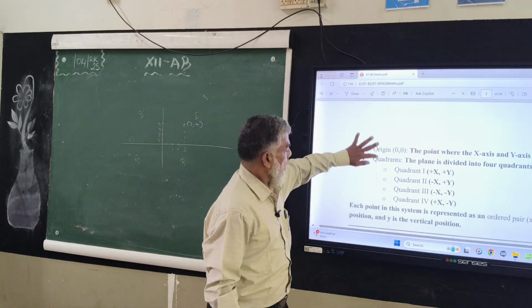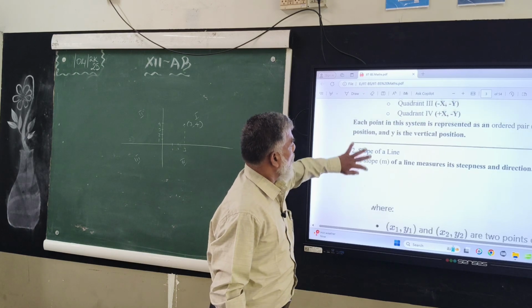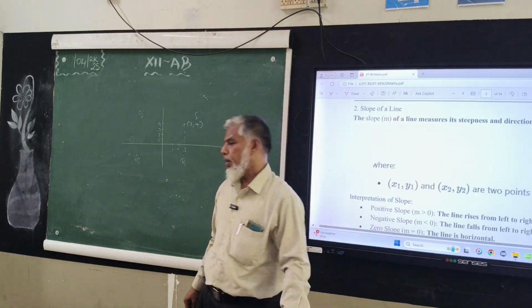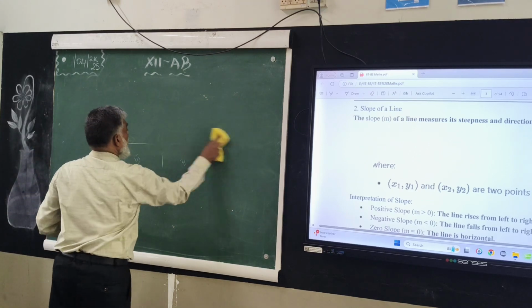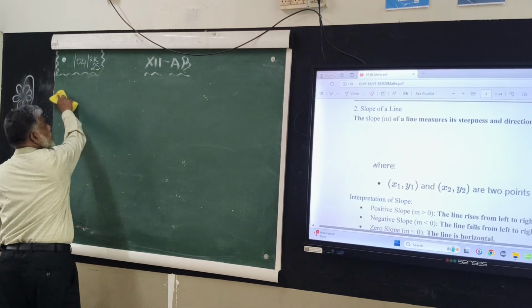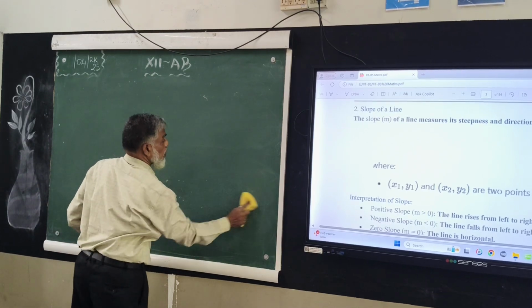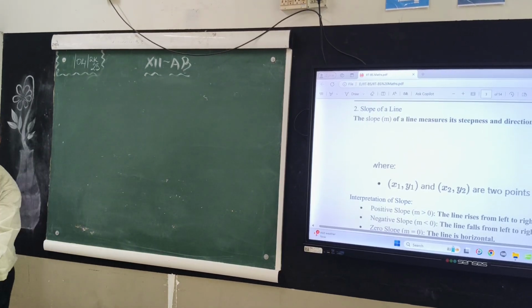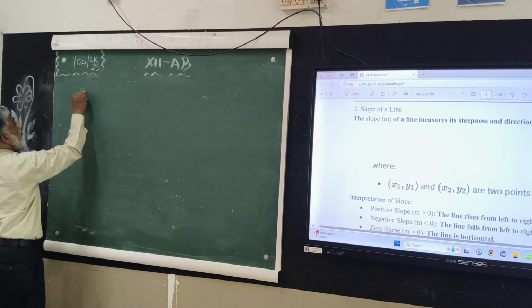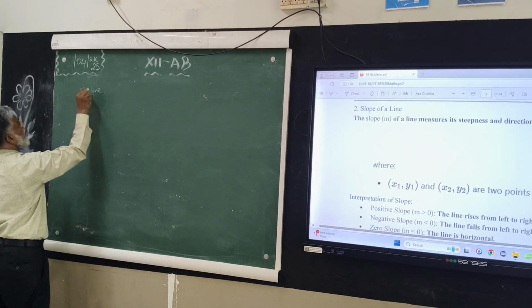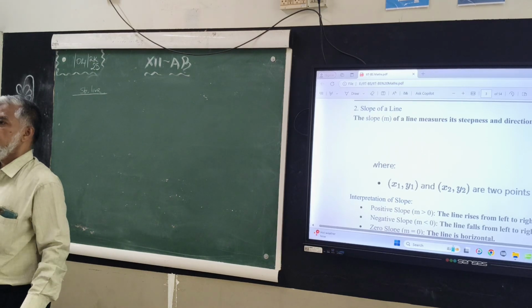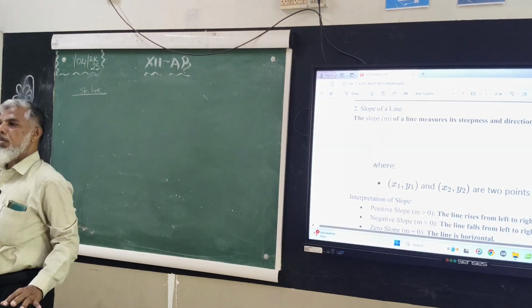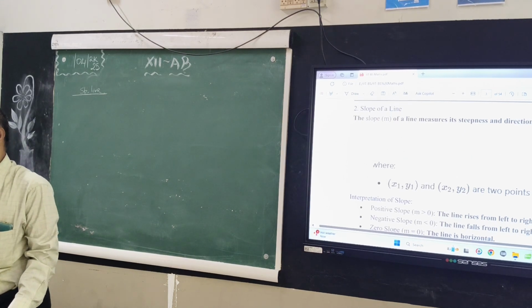Okay, next is slope of a line. For the slope of a line, we need to define what slope means. What is slope? What is the general equation of a line?